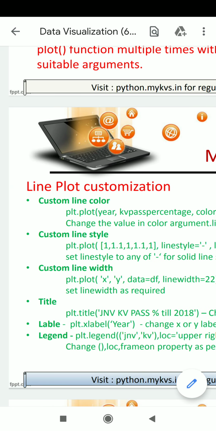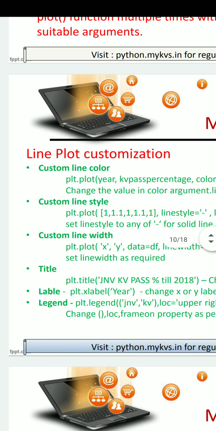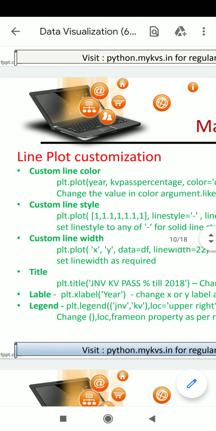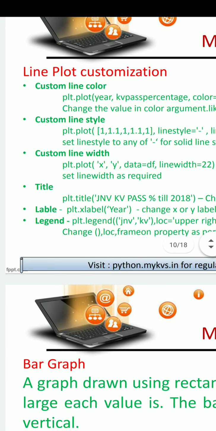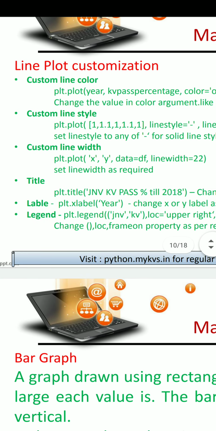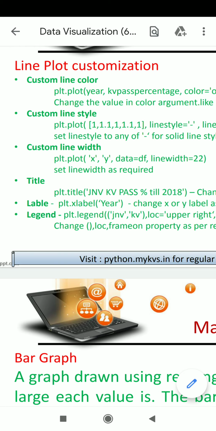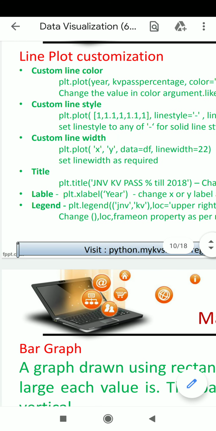We can change the line style also. First one is also for different data points. Then custom line width we have changed. Then title, you are familiar with how to change the title. There is a separate method, title. You have to call that method and just pass the value for the title.